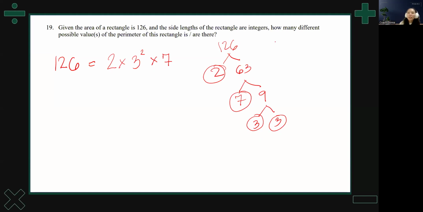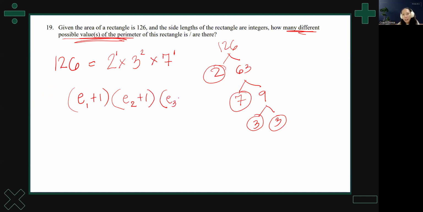To get different possible values of the perimeter, we just need the exponents. All right? So the general formula is exponent 1 plus 1, multiply it by exponent 2 plus 1, exponent 3 plus 1, and so on and so forth, depending on how many exponents you have.